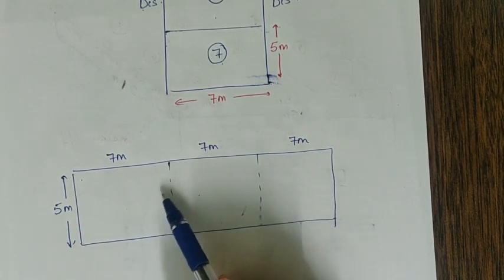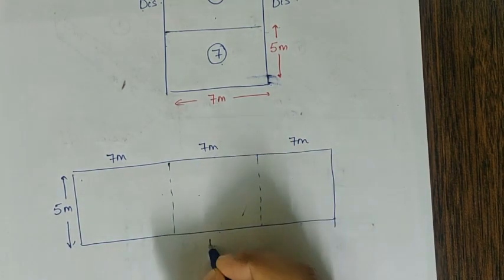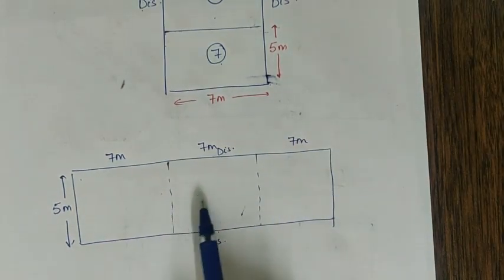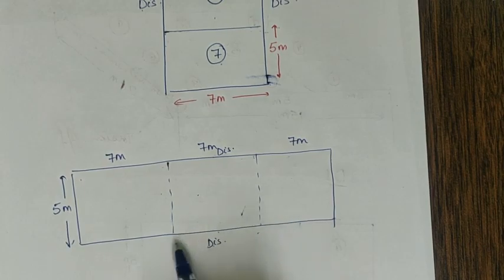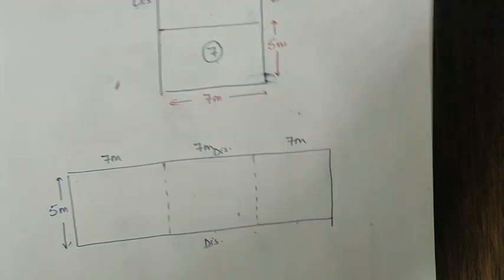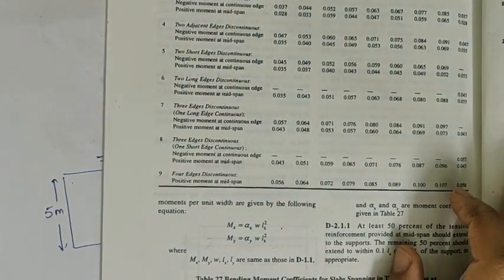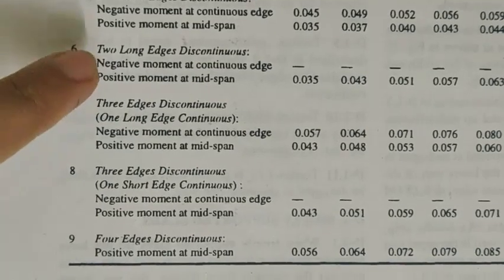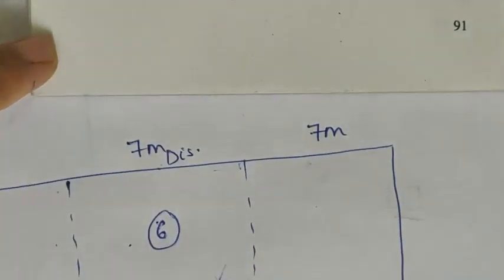On this slab, these 2 are continuous edges. These are discontinuous edges. So the slab is discontinuous on this side. It is discontinuous on this side. Out of the 2, this is 7 meters. This is 5 meters. So the longer span is discontinuous. So case number 6. Case number 6 says 2 long edges discontinuous. 2 long edges discontinuous, it means we are talking about this particular one. So this is case number 6.